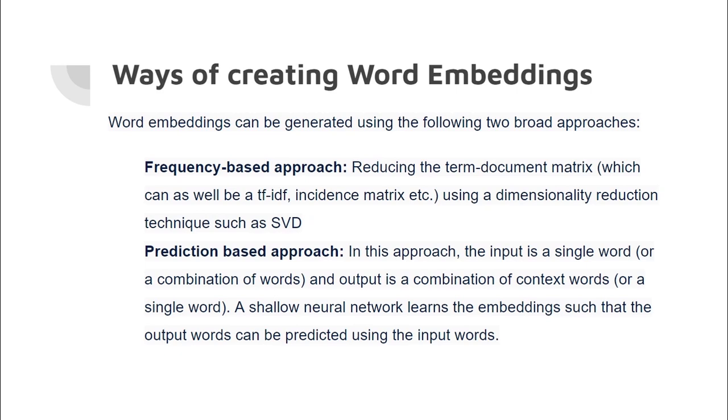We can also apply other popular techniques, instead of SVD, such as eigenvalue decomposition or non-negative matrix factorization, etc. The major intention is to reduce the size of the term document matrix. So this is one such approach.